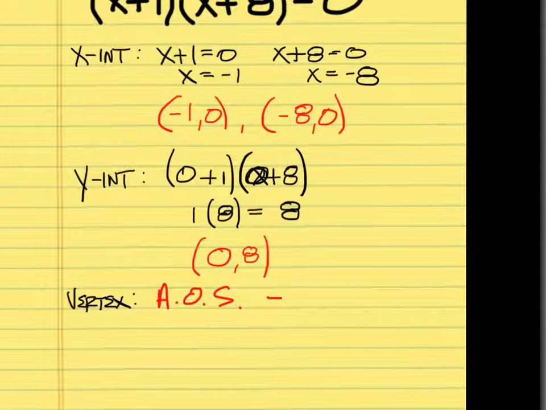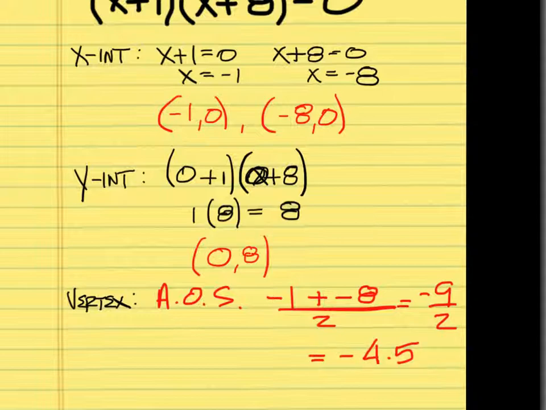You had -1 and -8. Add those together and divide by 2. -9 divided by 2 is -4.5. X equals -4.5 is a vertical line up and down through the center of the graph you will draw. That's the axis of symmetry.